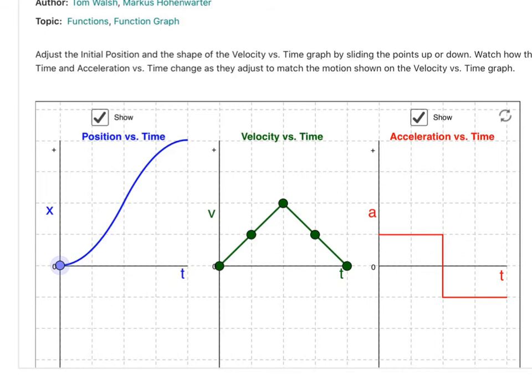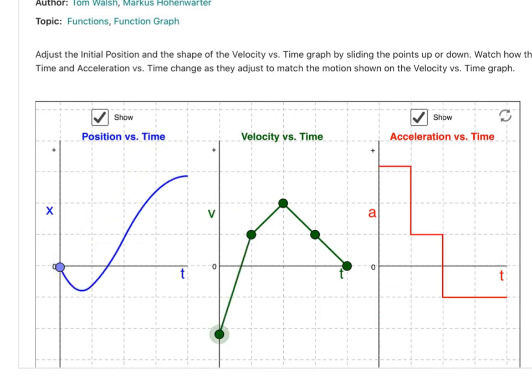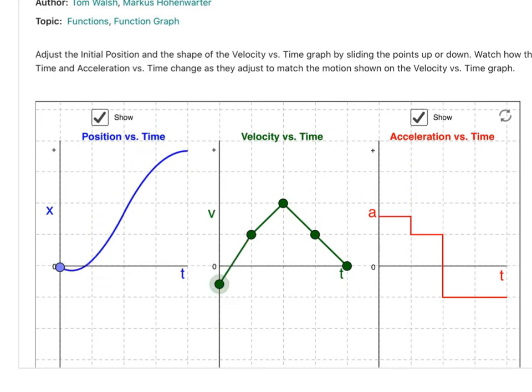That's because position versus time is the only one that can actually show us your starting point of motion. It's the only one that has the exact position that you begin in. Other than that, they pretty much say all the same things. So if you change one, you're going to change them all. For instance, if I change my velocity, you can see my position versus time and my acceleration changing.